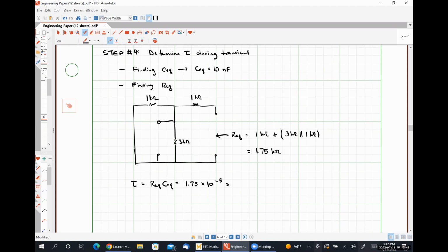And this will make sense in a moment, 1 over tau comes out to be 57,142.857 per second.